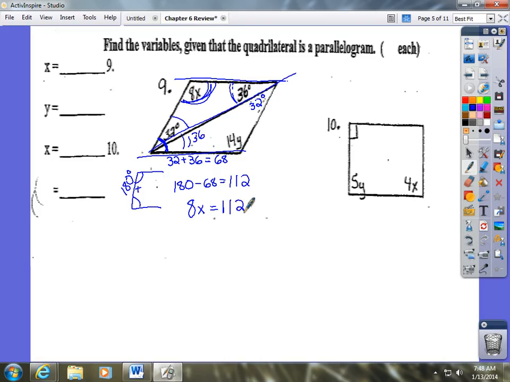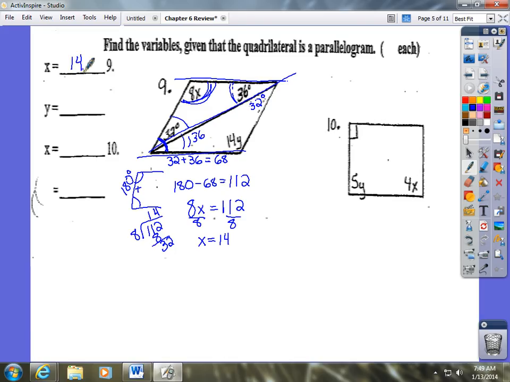I divide 112 by 8, and I get 14. Divide by 8, divide by 8, x equals 14. Okay, so I have x equals 14.